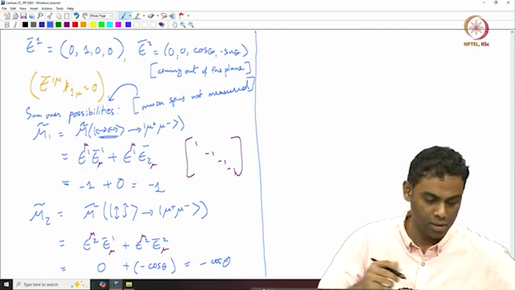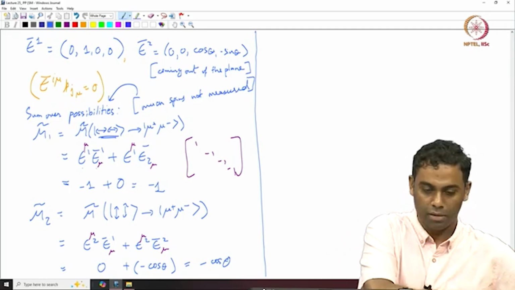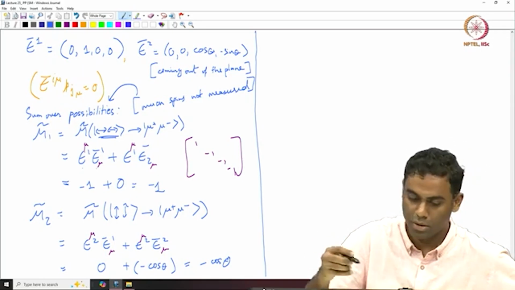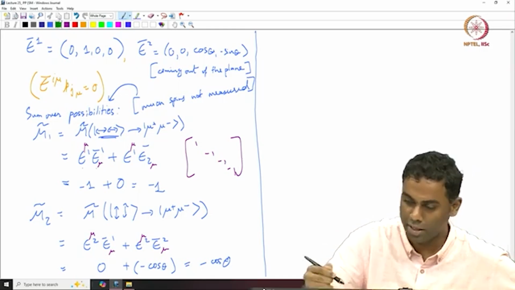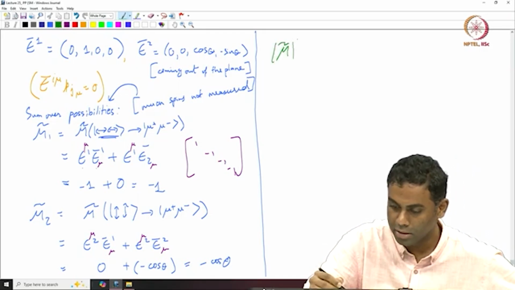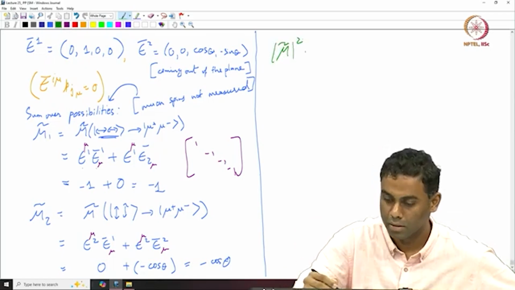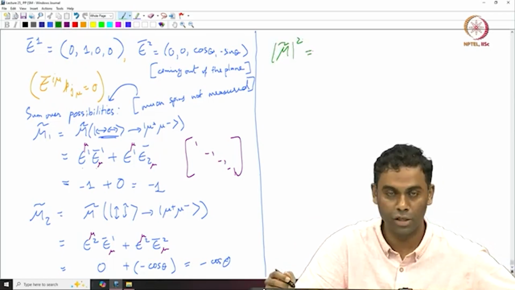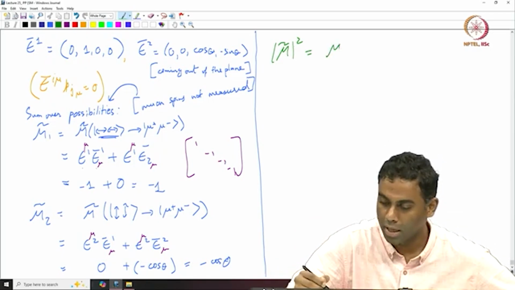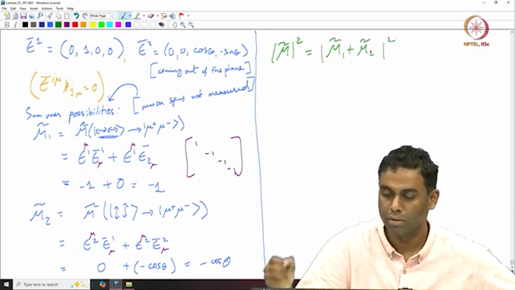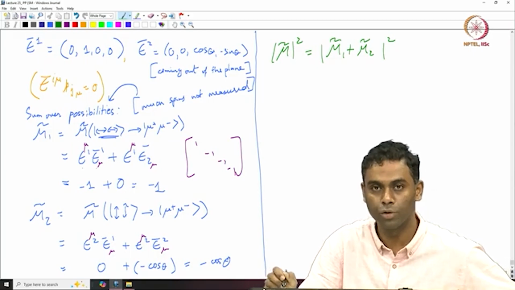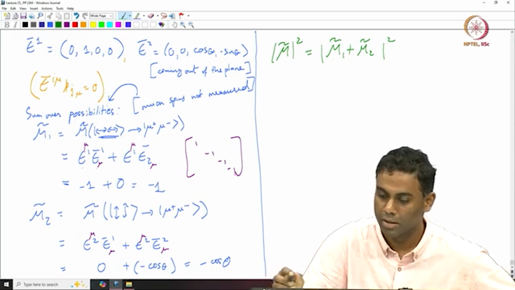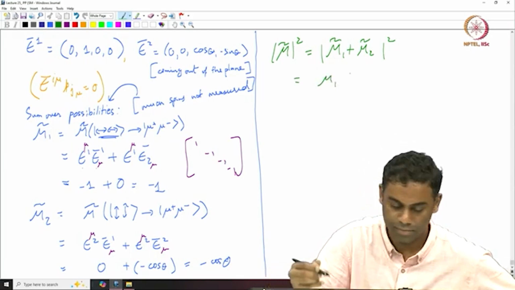Now we are going to put all of this together, because what we want at the end of the day is this, which gets into the cross section, and that is nothing but M1 plus M2 the whole squared, because amplitudes add up. It's worth expanding that.